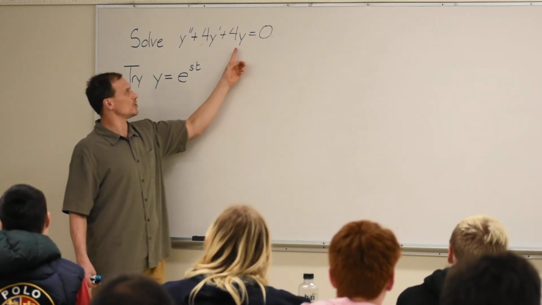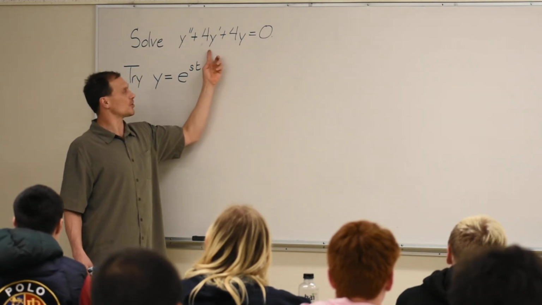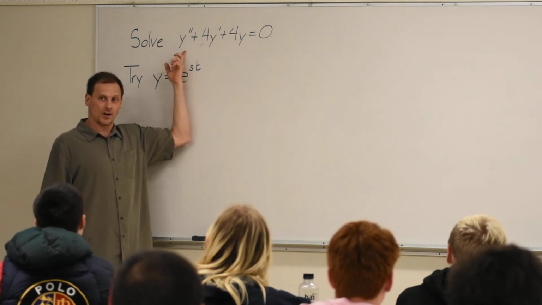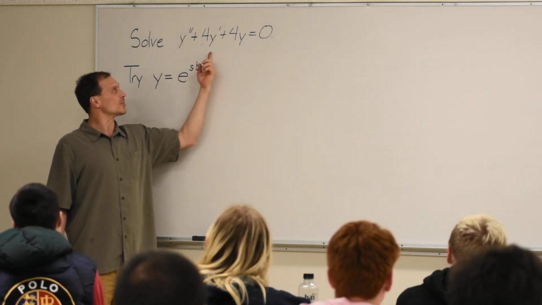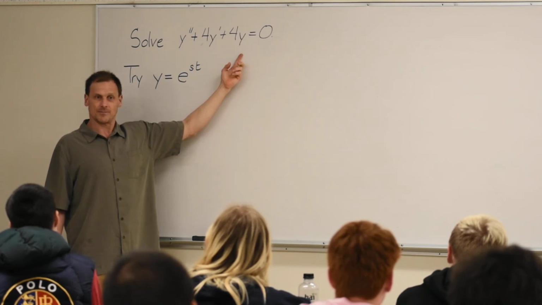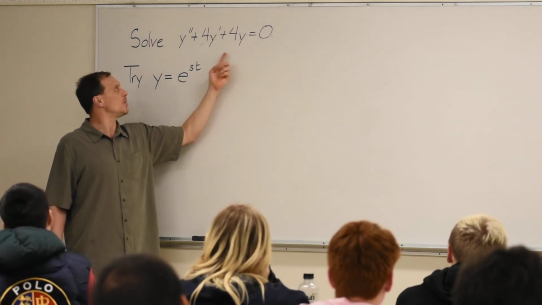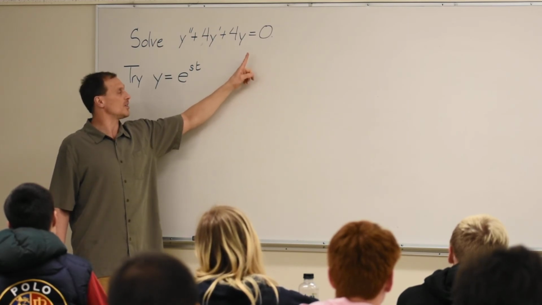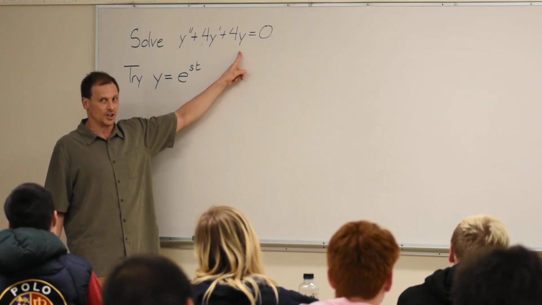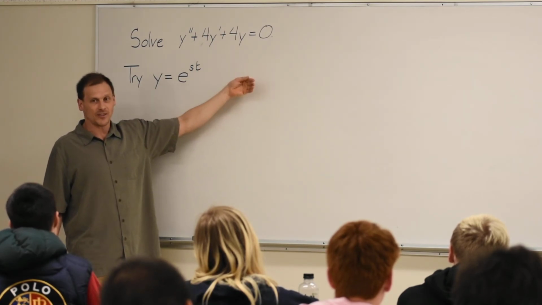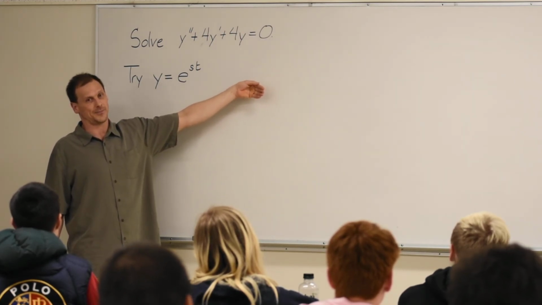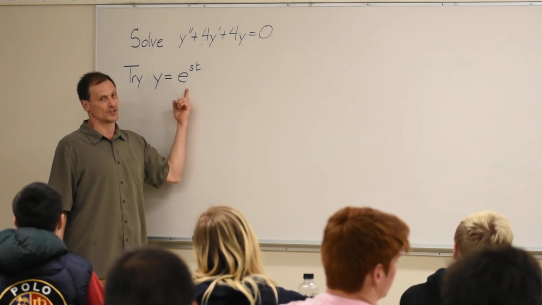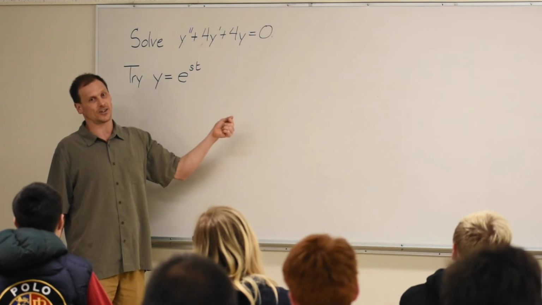For example, if your solution was x cubed, your first derivative would be x squared, your second derivative would have an x. Are those like terms? No, those aren't like terms. There's no way you can add those three terms to become 0. So, in other words, you have to stick with some function that creates itself as its own like term. That's kind of the amazing part of e. It's the only function out there that is its own like term.